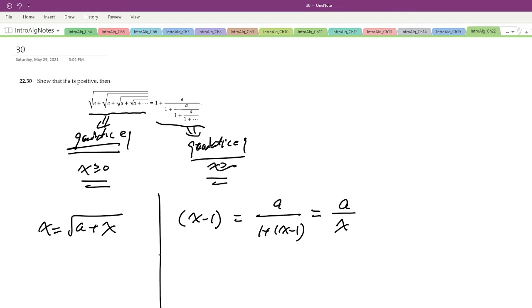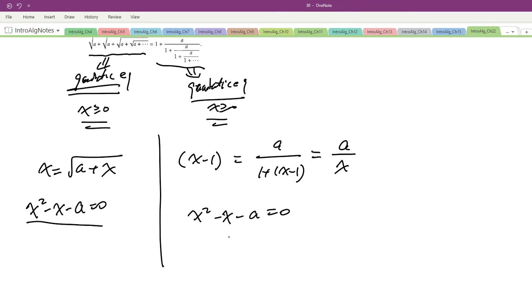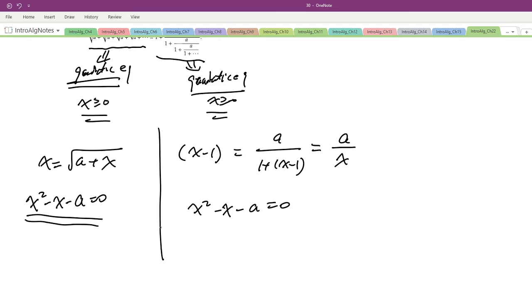Now they belong to the same quadratic equation. This one is x squared minus x minus a equals 0, and this one is also x squared minus x minus a equals 0. So they both belong to the same type of quadratic equation.